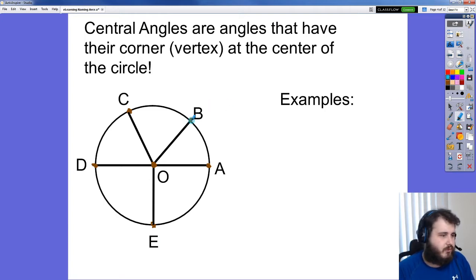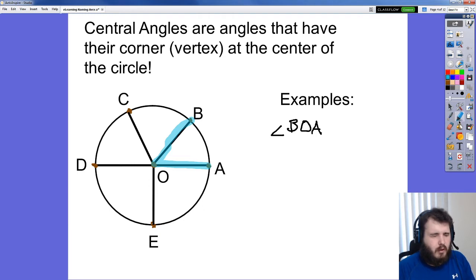If we want to talk about this angle right here, going through this corner, starting at B, going all the way to A, we would be able to call this angle BOA, right? 3 letters.